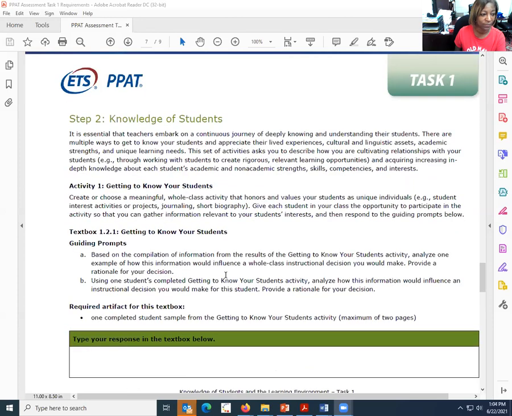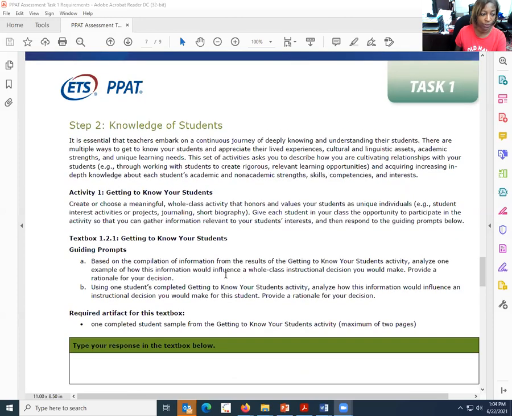Okay, so that's activity 3. So now we're at step 2, which is knowledge of students. It is essential that teachers embark on a continuous journey of deeply knowing and understanding their students. There are multiple ways to get to know your students and appreciate their lived experiences. I am so sorry. Cultural and linguistic assets, academic strengths, and unique learning needs.